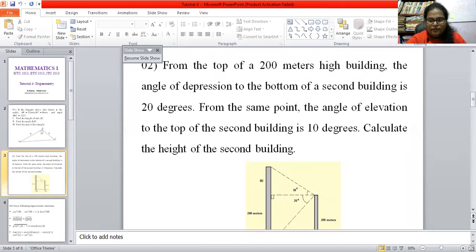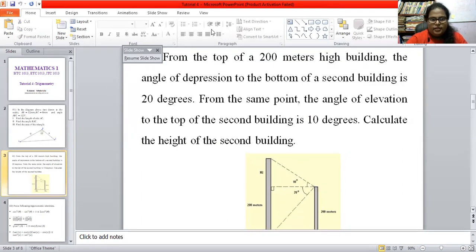So here it is given like, from the top of a 200 meters high building, the angle of depression to the bottom of the second building is 20 degrees. From the same point, the angle of elevation to the top of the second building is 10 degrees. Calculate the height of the second building, right?